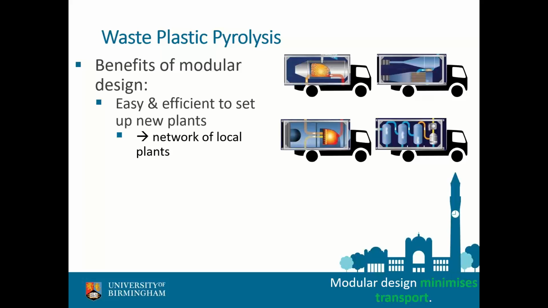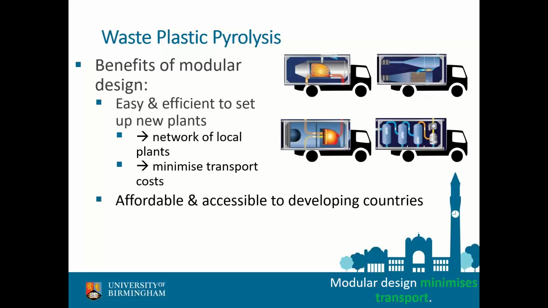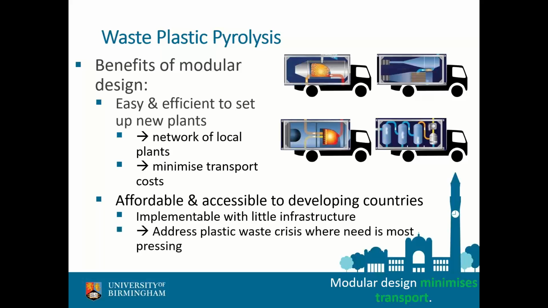Then the waste can be efficiently transported and turned back into plastic feedstocks on site and used again very easily, which of course minimizes both transport costs and the associated environmental costs. The second reason this modular design is so important is that you can implement it with relatively little infrastructure, which is obviously extremely good news for third world developing countries where the plastic waste crisis is the most prominent.